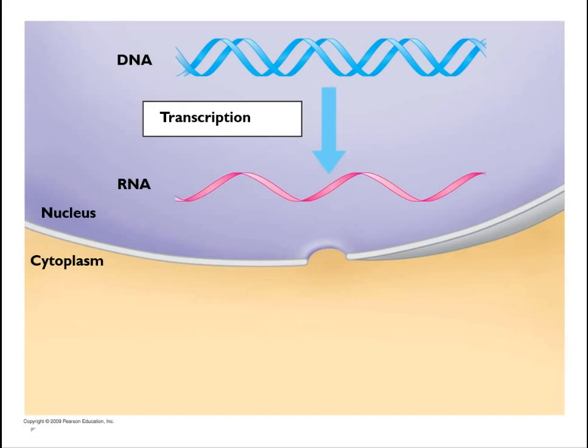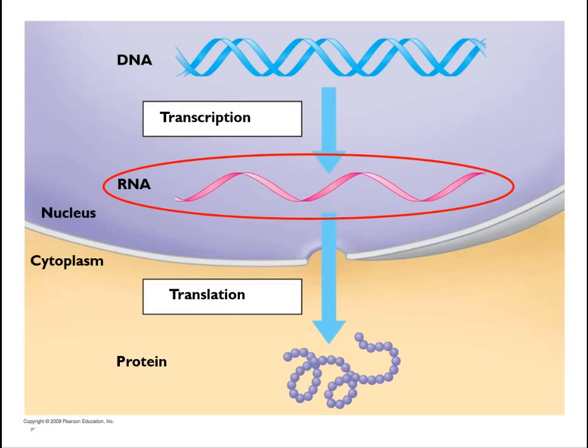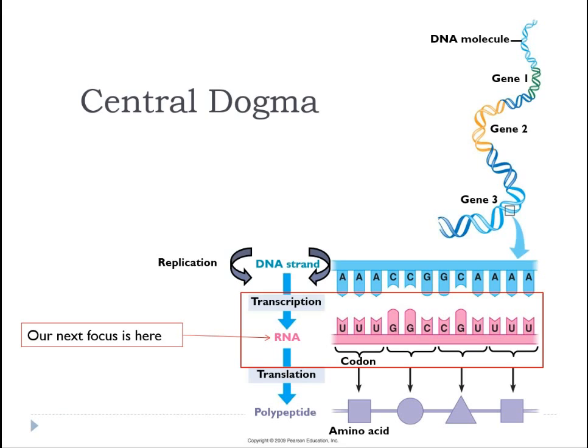That RNA is single-stranded and gets to leave the nucleus. And then from there, translation occurs in a ribosome, and it becomes a protein. And that protein is going to be some sort of function for the cell. So what we're going to really concentrate on is transcription first. And then once we finish that, we'll do another video for translation.